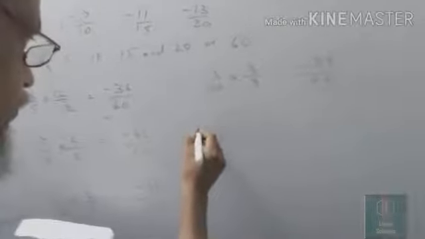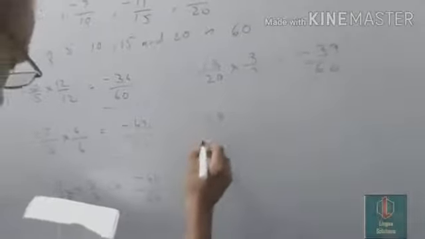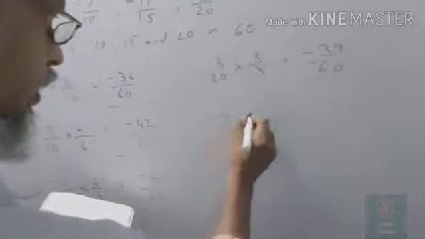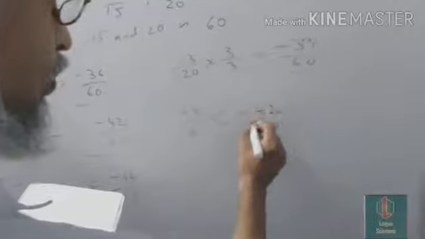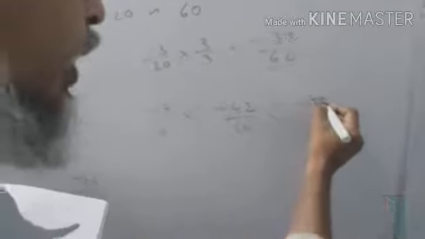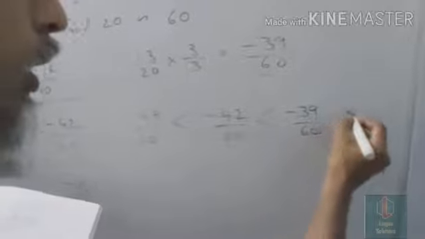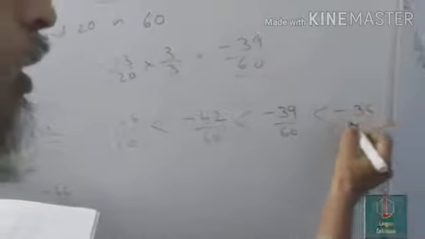We get minus 44 by 60 is less than minus 42 by 60 is less than minus 39 by 60 is less than minus 36 by 60.